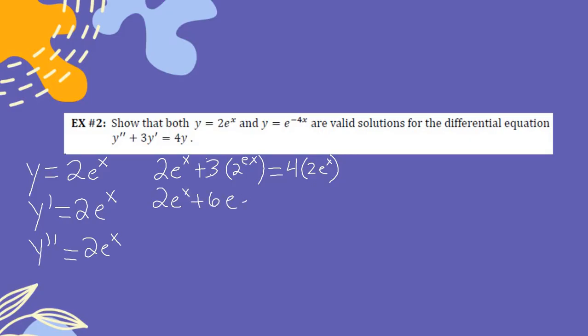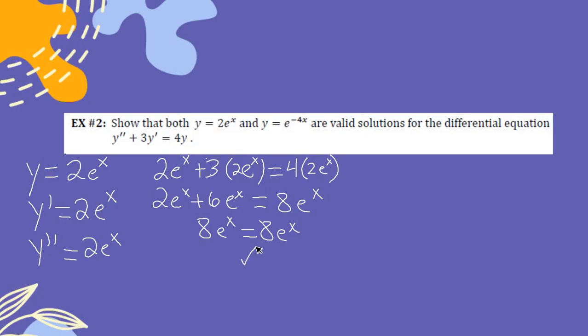Oh, sorry, it should be e to the x. Okay, and then 4 times 2 gives us 8. So 2e to the x plus 6e to the x gives us 8e to the x. Do those two things equal each other? Yeah. So we're good to go.